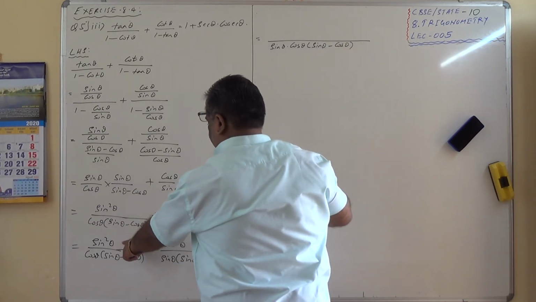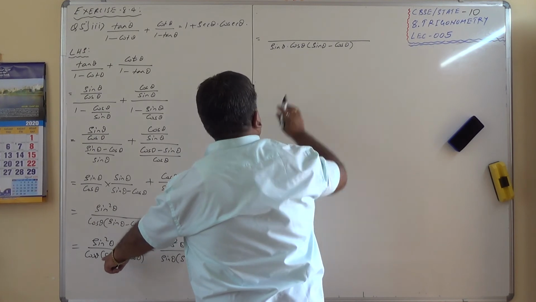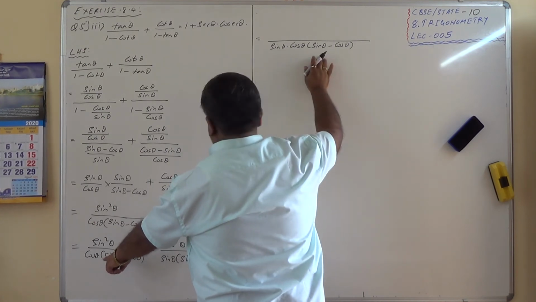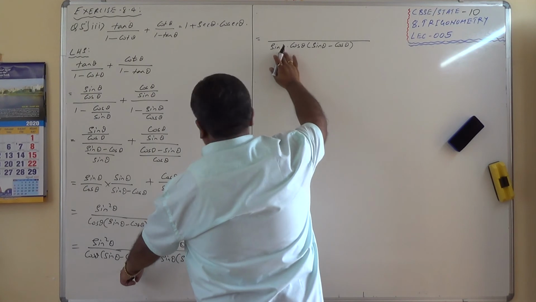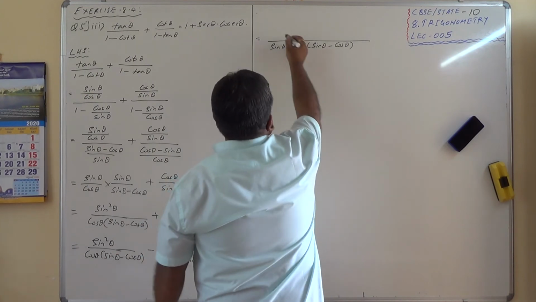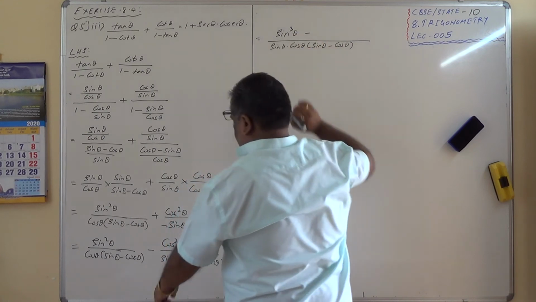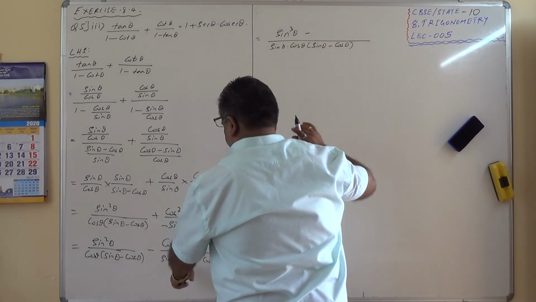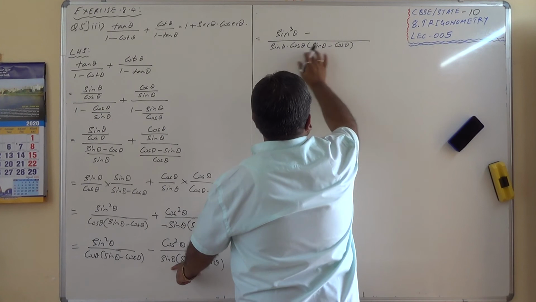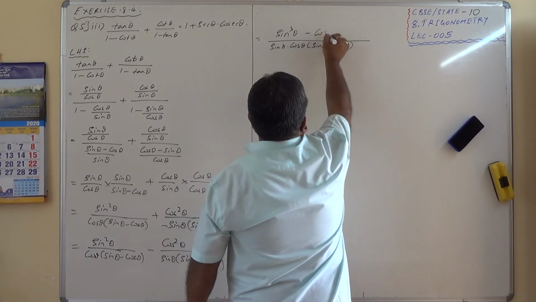First term, what we get, if I multiply by this whole thing, cos theta into this will cancel, sin theta remains, so this will become sin cube theta, minus, this will become cos cube theta, because this will cancel, cos remains, cos cube theta.